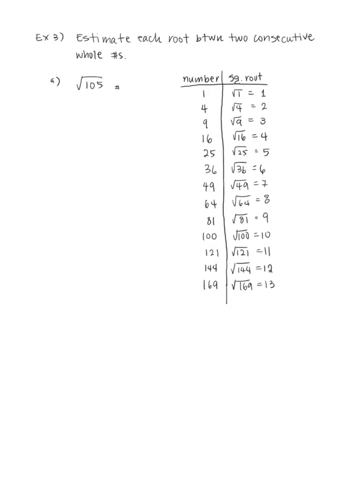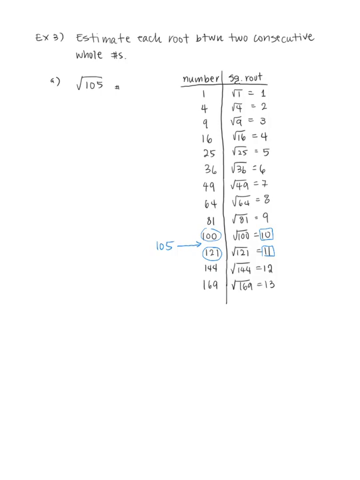First, we need to jot down the number 105 and see where it falls in between. It looks like 105 is going to be between 100 and 121. Do you agree? 100 is a perfect square, and 121 is a perfect square because 10 squared is 100 and 11 squared gives us 121.